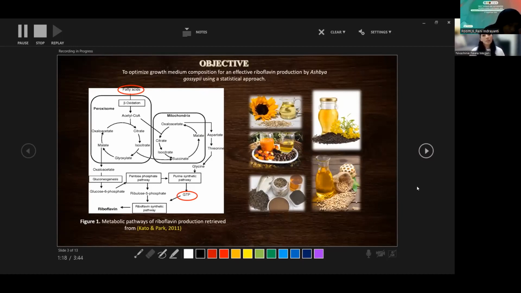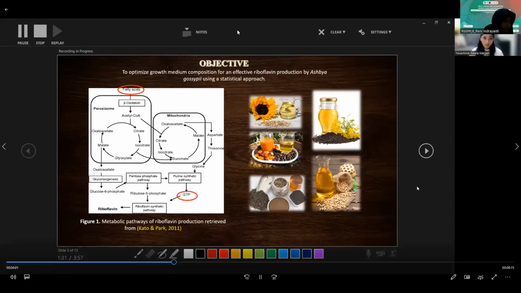The enzyme synthesized by Ashbya is known as lipase. It hydrolyzes triglycerides into free fatty acids, elevating the productivity of GTP that simultaneously produces riboflavin.